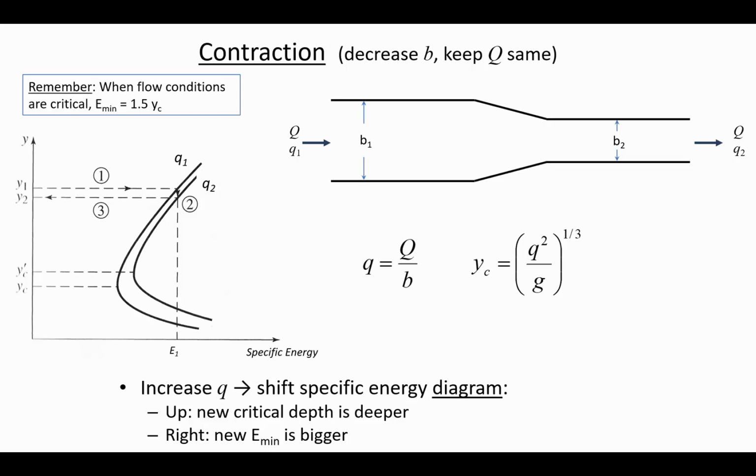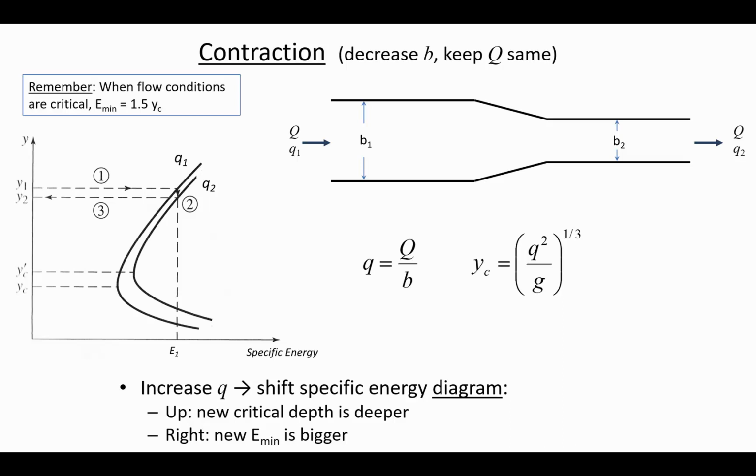So lowercase q1 corresponds to the specific energy diagram curve on the left, and lowercase q2 is the specific energy diagram curve on the right. So think for a moment, why did it shift the curve? It's shifting the curve because, on the one hand, the critical depth is larger when B is smaller.